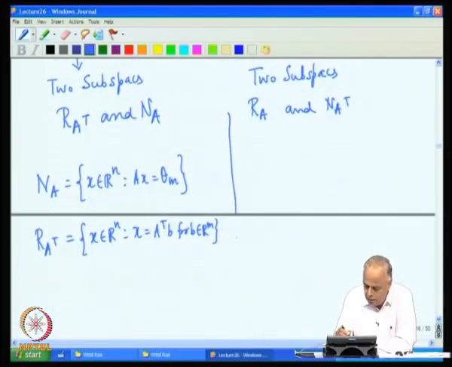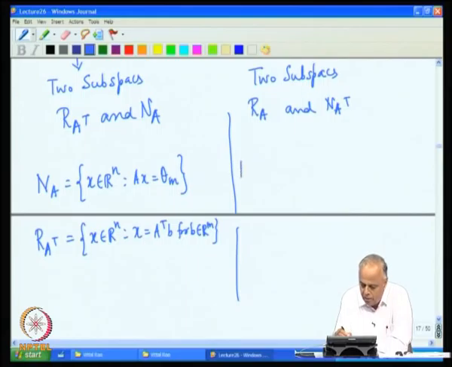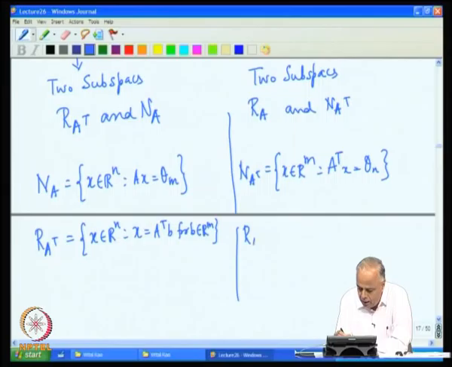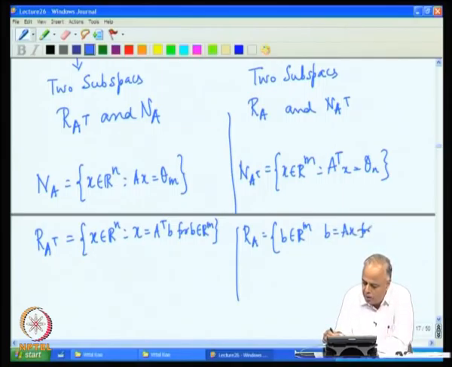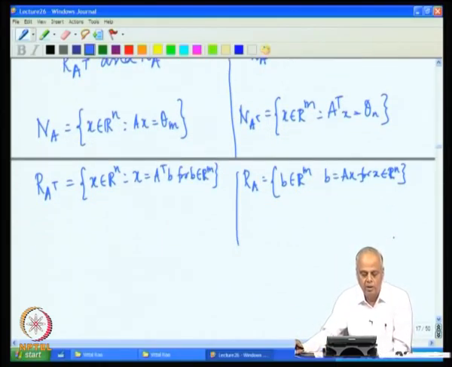On the other hand, on the Rm side we have N(A transpose), which is the set of all vectors x in Rm such that A transpose x is equal to theta n, and R(A) is the set of all vectors b in Rm such that b is equal to Ax for x in Rn. b is now the image under A. So, R(A transpose) is the image of the function A transpose as a function from Rm to Rn. R(A) is the image of the function A as a function from Rn to Rm.